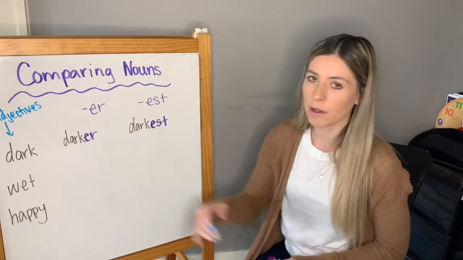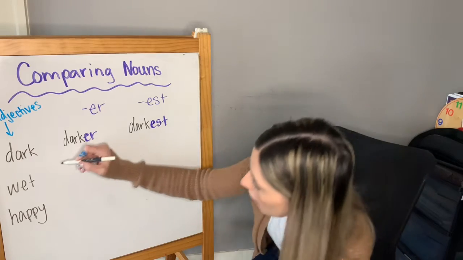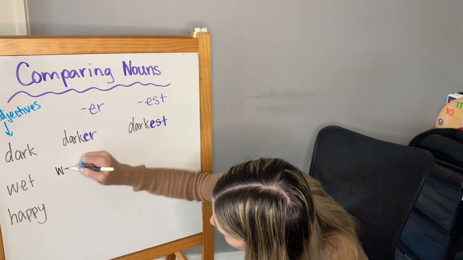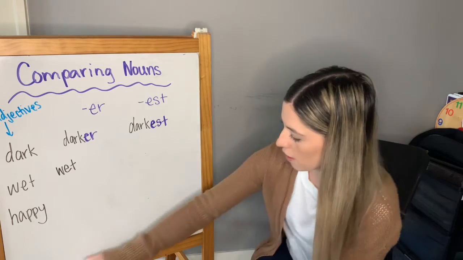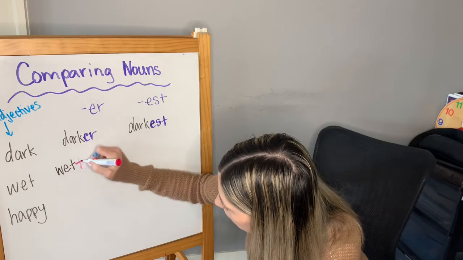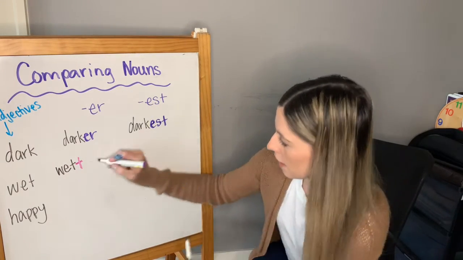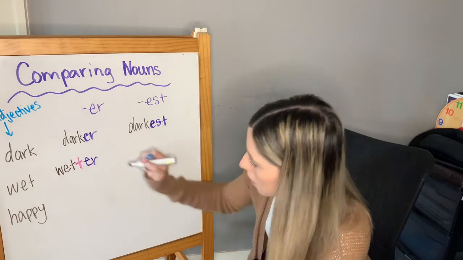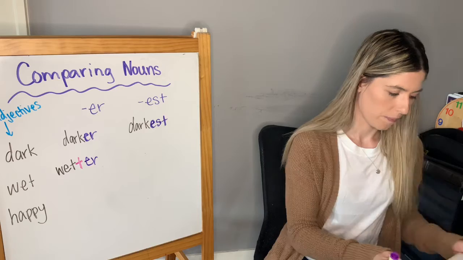We're going to double the consonant before adding the ending. So we write W-E-T, and I'm going to show you, I actually am going to double the consonant and then add the ending, wetter, wetter.